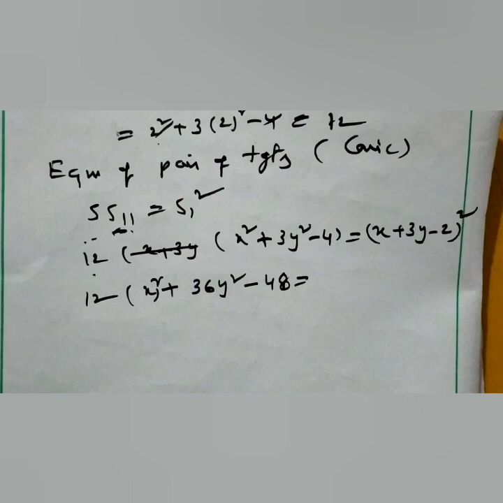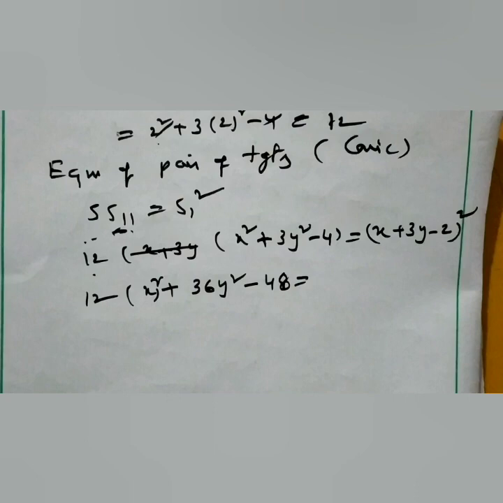By simplifying, we get 12x square plus 36 into (1 plus x square minus 2x) minus 48 is equal to (x plus 3 minus 3x minus 2) whole square.